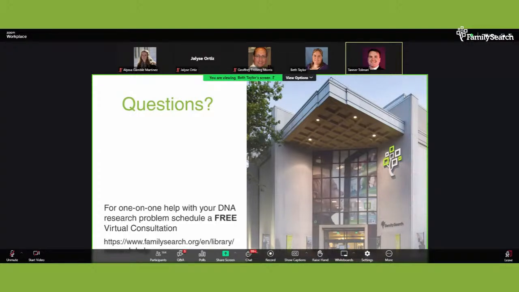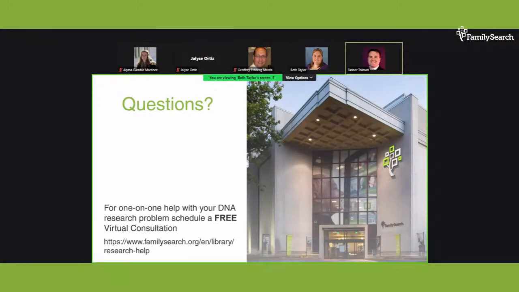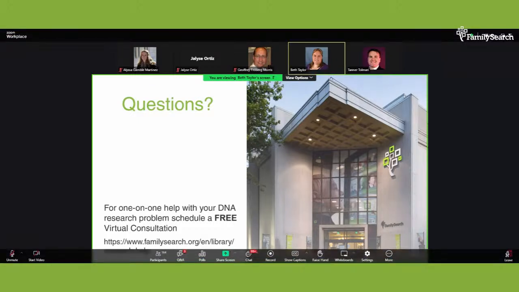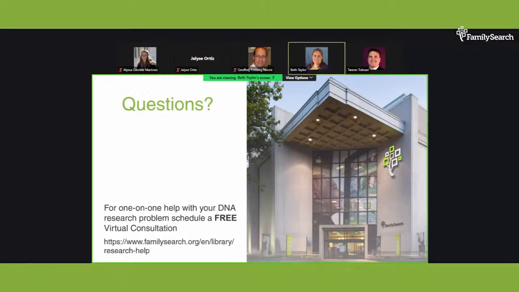Let's see. Kathy says, had Y-DNA done with my father's first cousin once removed. Was this a valid test or was the DNA too removed? It's a Y test. Yes. A first cousin once removed, especially if your father's deceased and you're pretty sure that they should biologically have the same Y, is a very valid test.